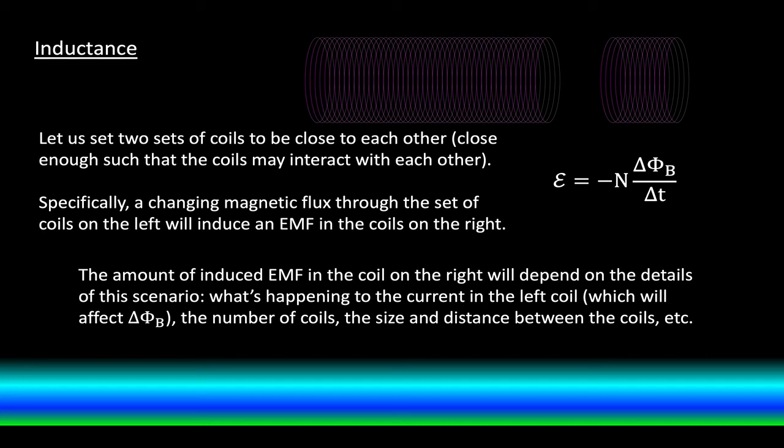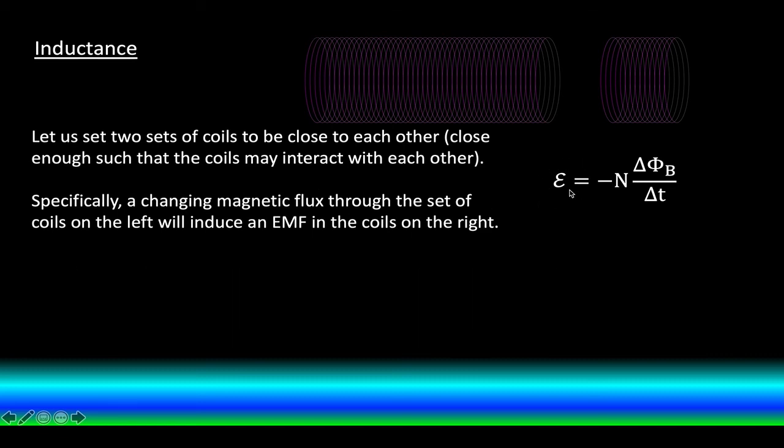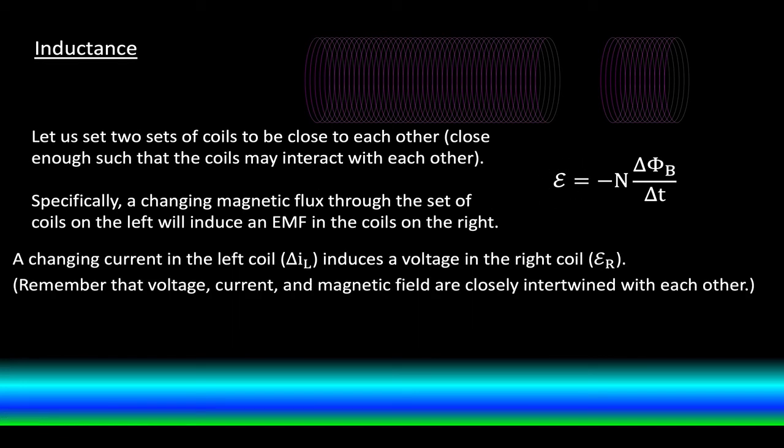Let's just worry about the big picture where a changing current will imply a changing magnetic field or a changing magnetic flux. And then this coil on the right will see that changing magnetic flux and a voltage will be induced. So, as I said before, a changing magnetic field will induce a voltage, and the source of the magnetic field around this coil on the right is because the current through these coils is changing.